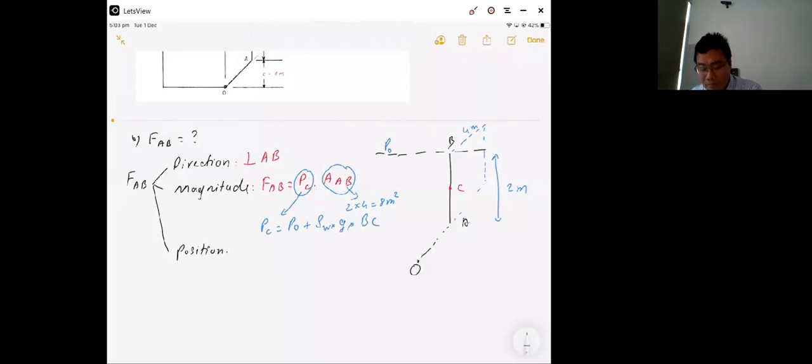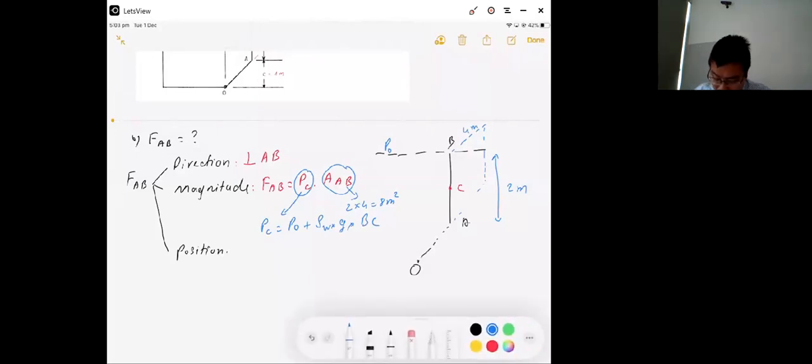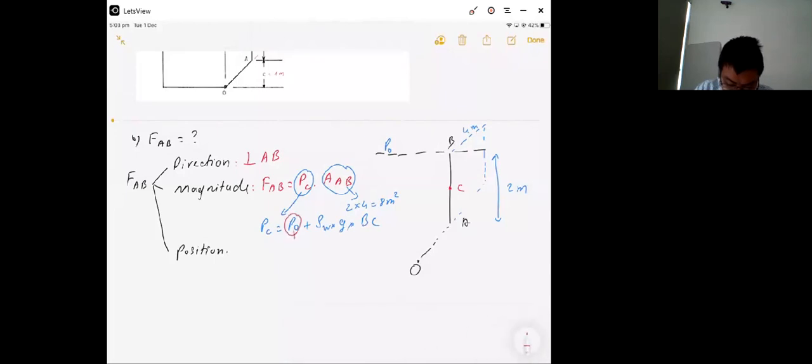With PO equal to 0 gauge pressure, 0 Pascal. Rho of water is 1000, g is 9.81, and BC: AB is 2 meters, so BC is 1 meter.